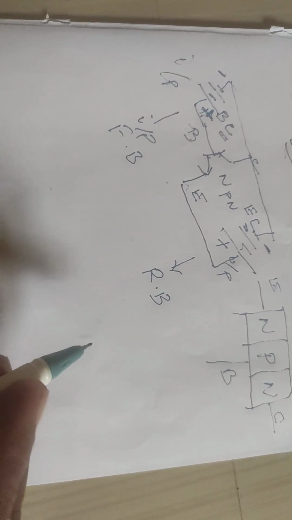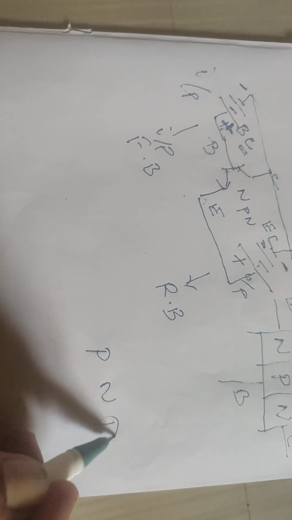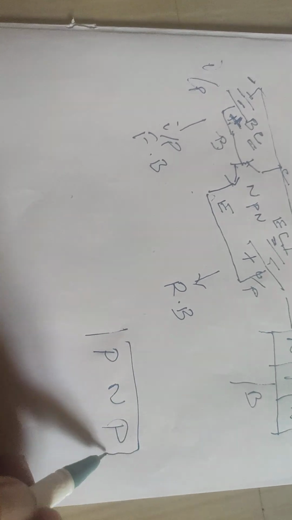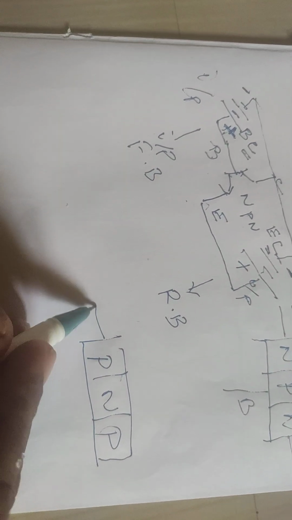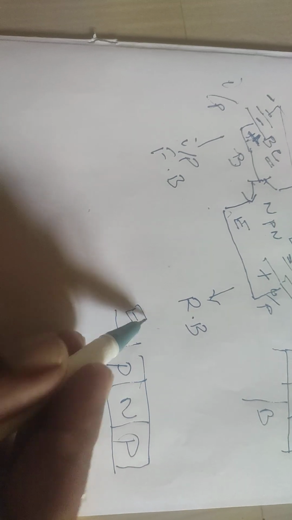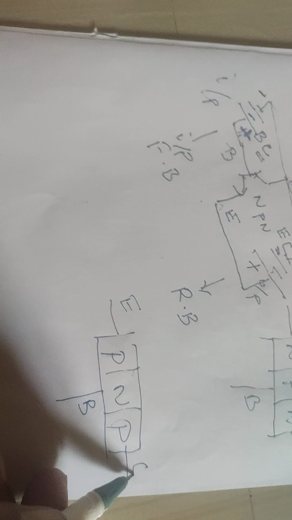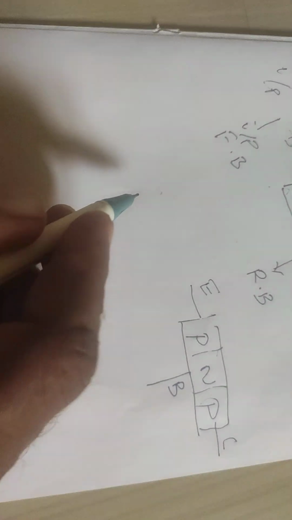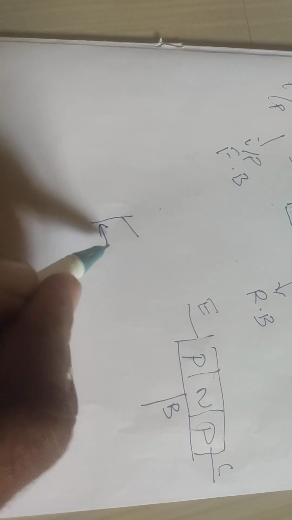Let me see about the PNP transistor. In PNP transistor, in the layer diagram, emitter layer is a P-type semiconductor, base layer is an N-type semiconductor, collector is a P-type semiconductor. In PNP, arrow should be inside.